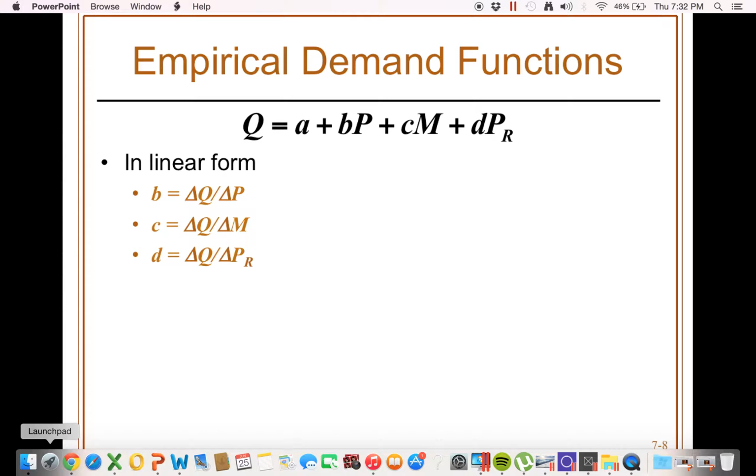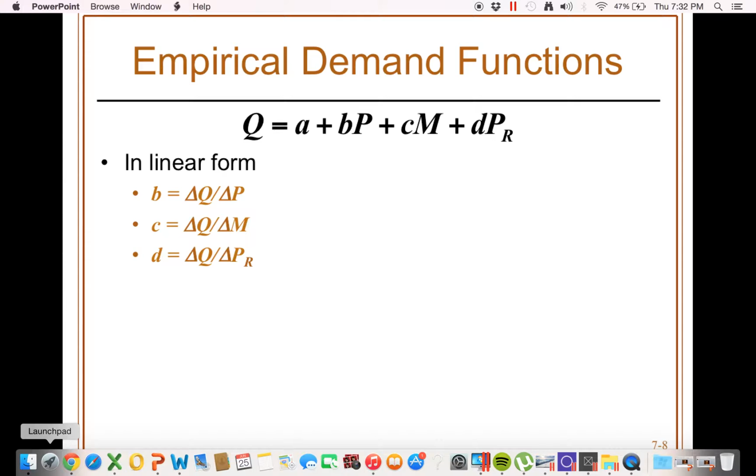How much can I raise my price, and how is that going to affect my quantity demanded? That's why they have the little delta symbols. It's saying change your price, how much is that going to change your quantity demanded? That's what B is telling you. C is telling you if incomes increase or decrease, how is that going to affect the quantity demanded for my product? So keep in mind, this is looking at things from a different perspective.